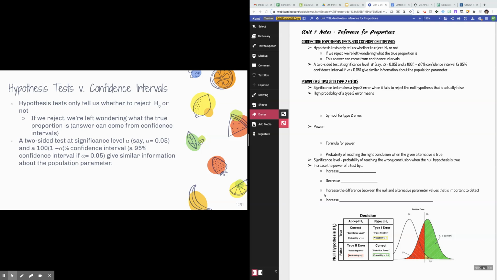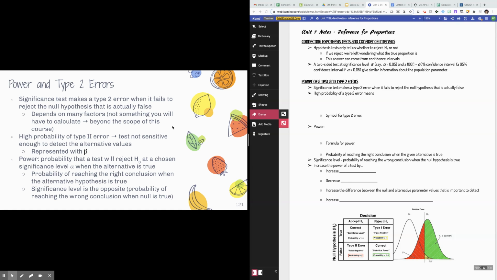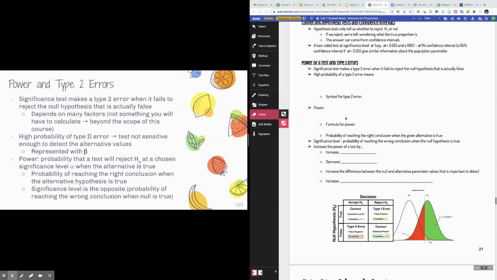So there's just a couple of connections between hypothesis tests and confidence intervals. Very rarely does this show up on a free response type question, but I've seen multiple choice questions once in a while that deal with this idea. But with that, let's jump into the bulk of this video, which is talking about statistical power.